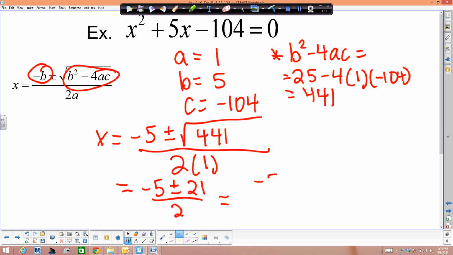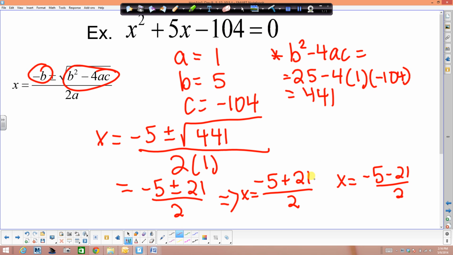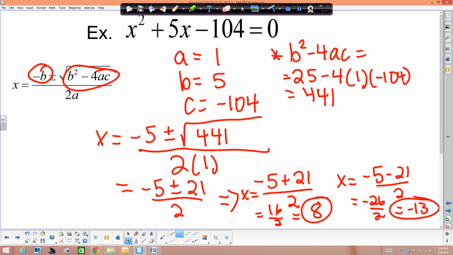So we're going to write both of those out. Negative 5 plus 21 is 16 over 2, which is 8. And the negative 5 minus 21 would be negative 26 over 2, which is negative 13. So we get negative 13 and 8 as our two solutions.